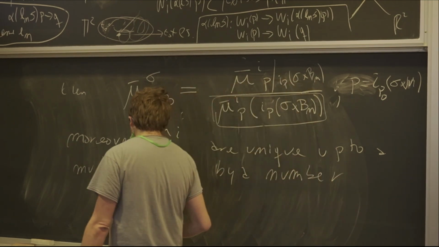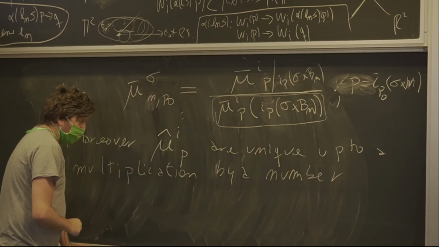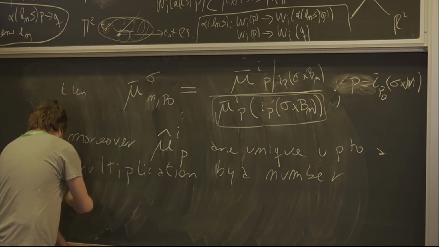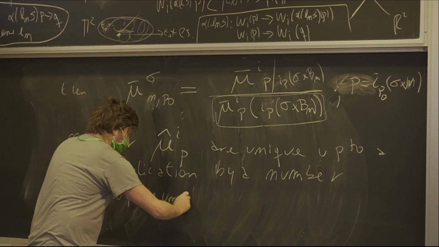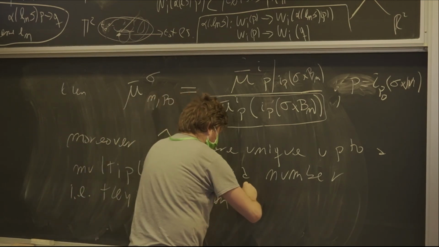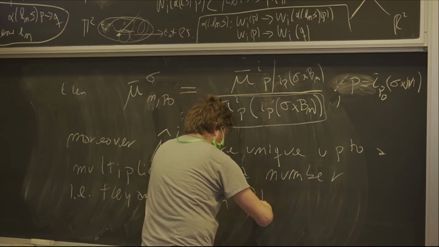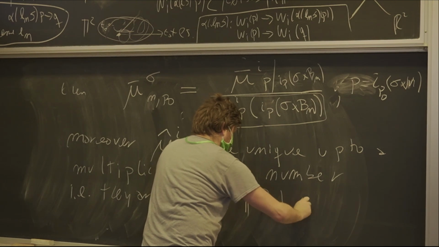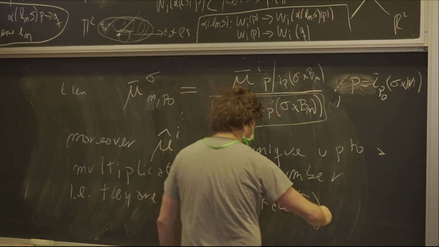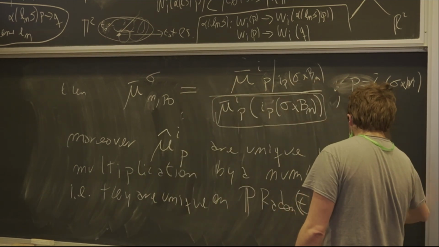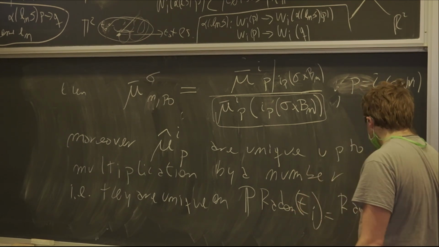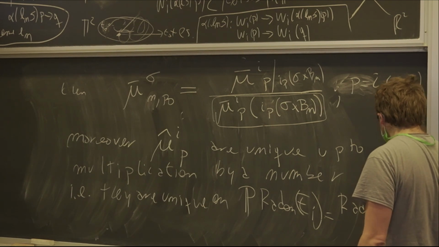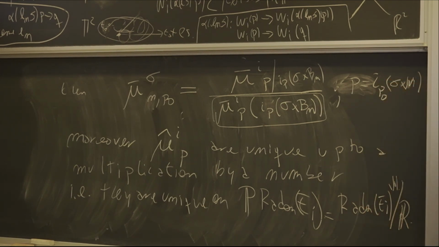Which means that they are unique on P of Radon of EI, which is Radon of EI mod R minus 0 mod R. So this is a very natural space.